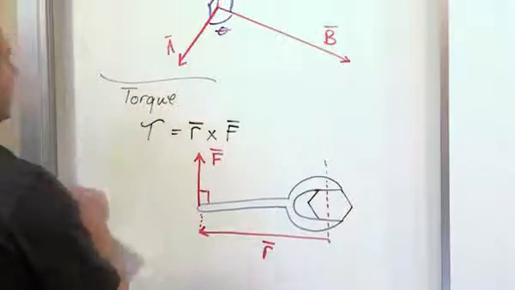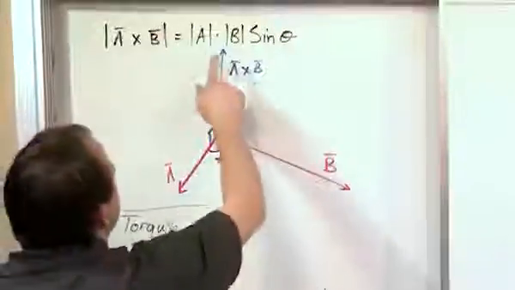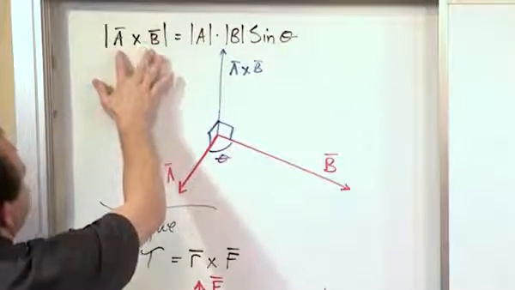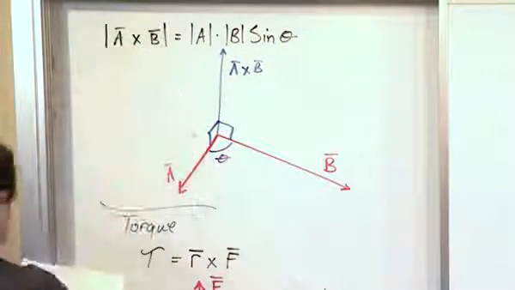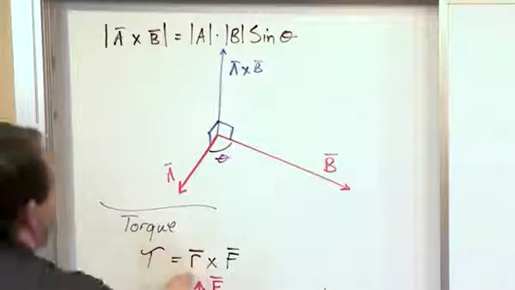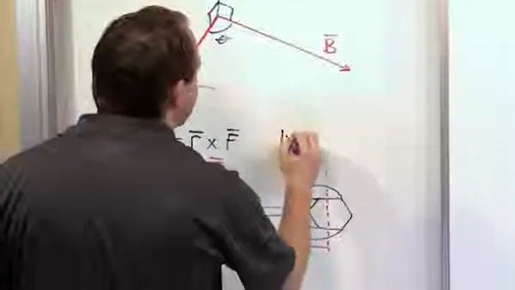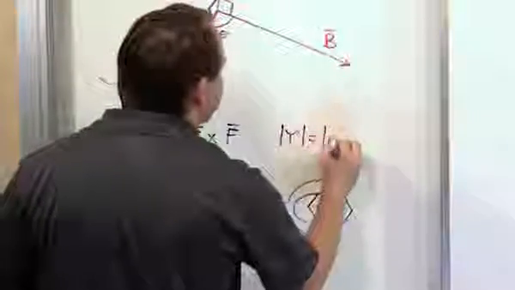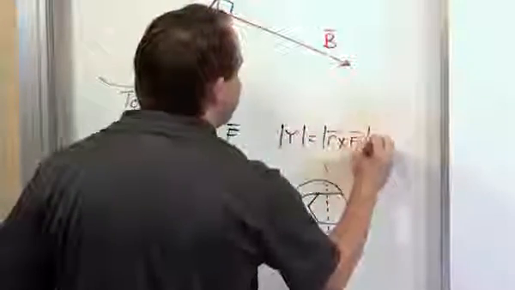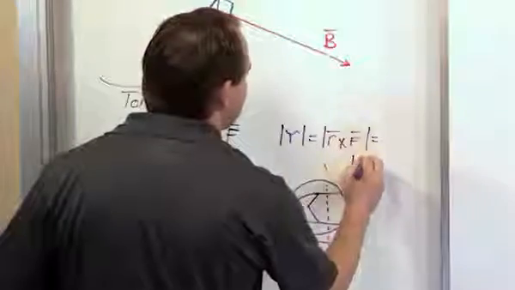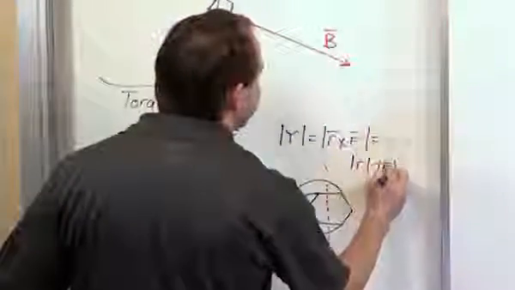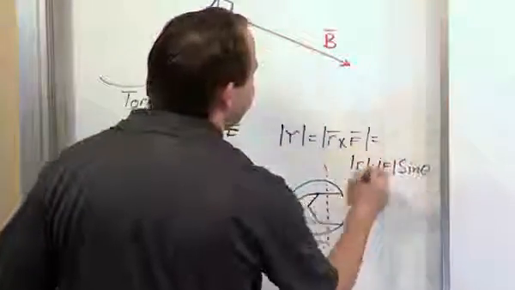And that is because if you look here, the torque, which is the cross product of A and B, is A times B. You know what, let me just rewrite it here. The magnitude of the torque is the magnitude of R cross F, which is the magnitude of R times the magnitude of F times the sine of the angle between these two vectors.